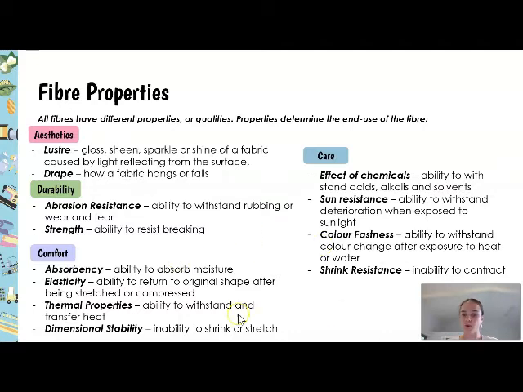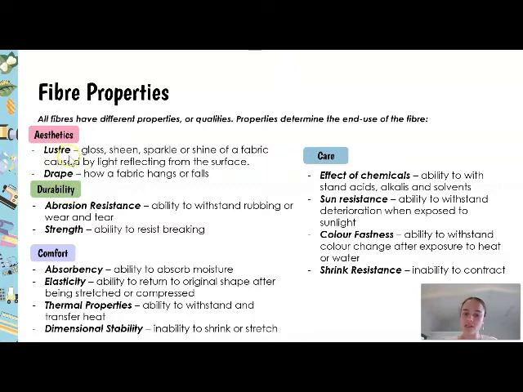So why would different fibers have different properties? Because they are used for a different end use. You will have to identify the four main categories of fiber properties: aesthetics, durability, comfort, care. I've given you the answers there.